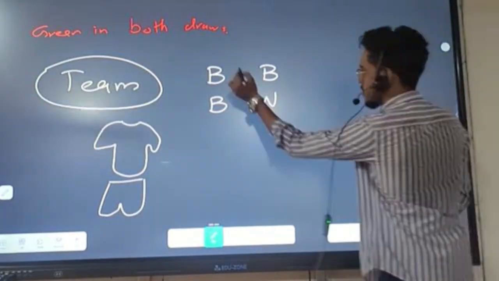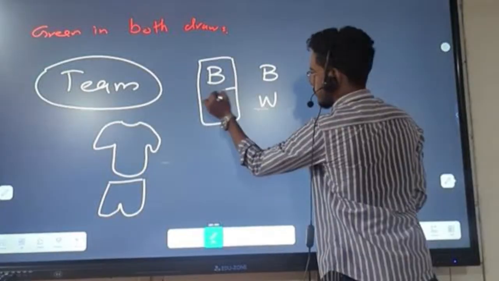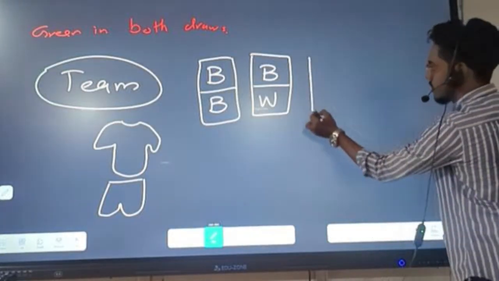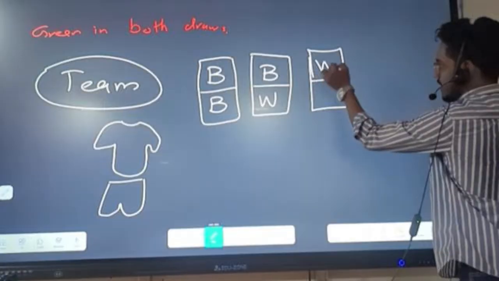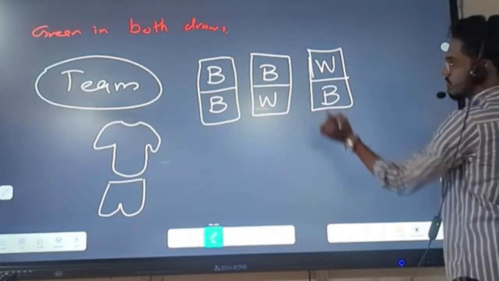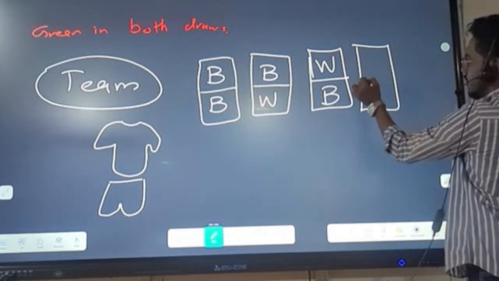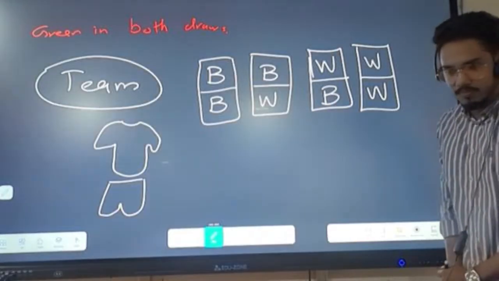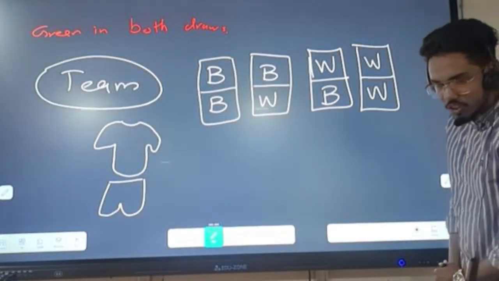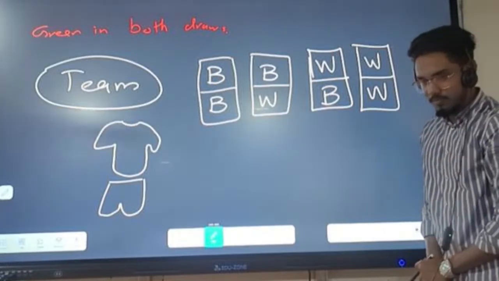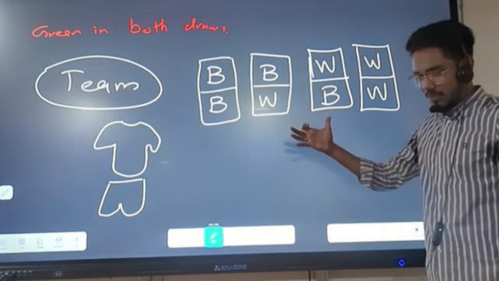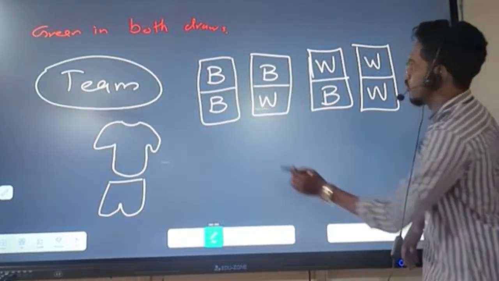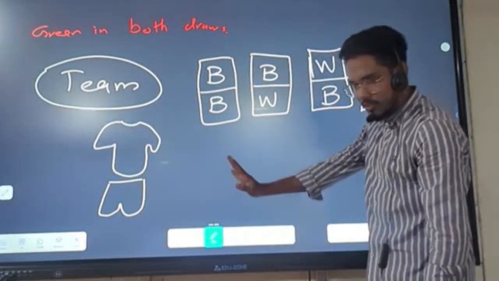Another, the t-shirt is white, the short is black. And finally, t-shirt is white and the short is also white. Are you all clear with these four combinations? Do we have any other combinations apart from these? No, right? So this part is clear.